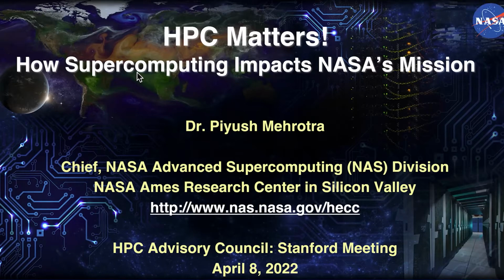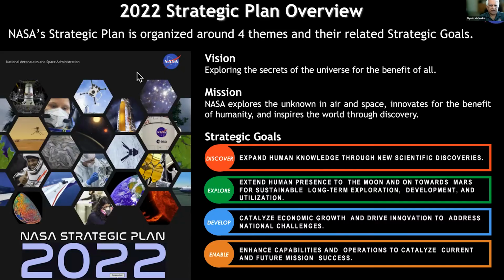So what I'm going to try and give you is a sense of how HPC is aiding NASA's missions. Let me just jump directly into that. The NASA strategic plan is organized around 4 themes with the vision of exploring the secrets of the universe for the benefit of all.